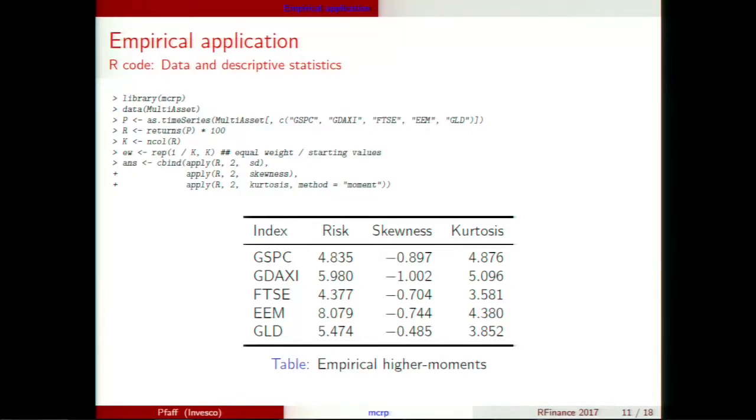What I would like you to bear in mind is that all of these assets have a negative skew, and I will come to that later. And as one can see, there's some dispersion with respect to the levels of the standard deviation risk, as well as the skewness and the kurtosis.